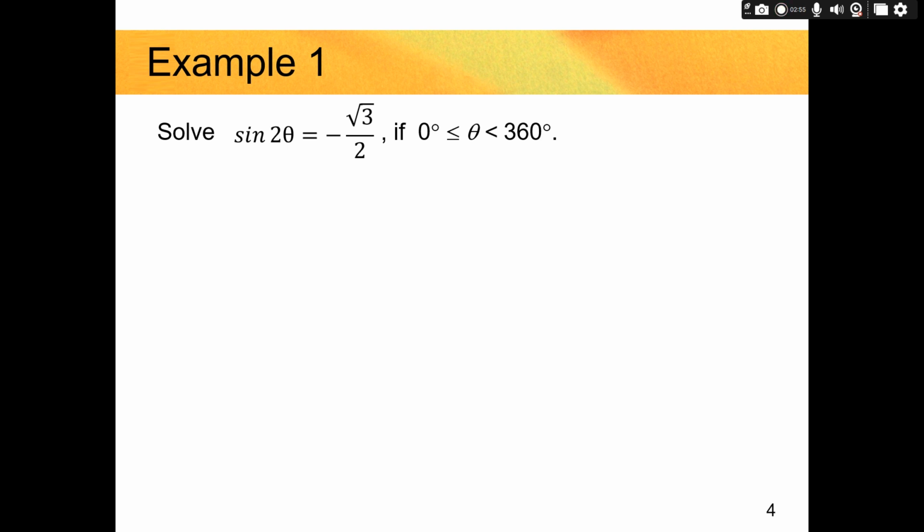Give me sine theta being equal to negative root 3 over 2. Give me the angle value. Hannah or Maya, when does sine give me a negative root 3 over 2?